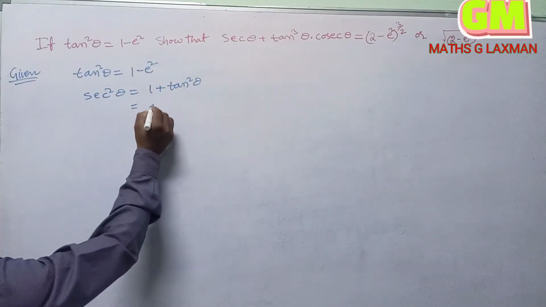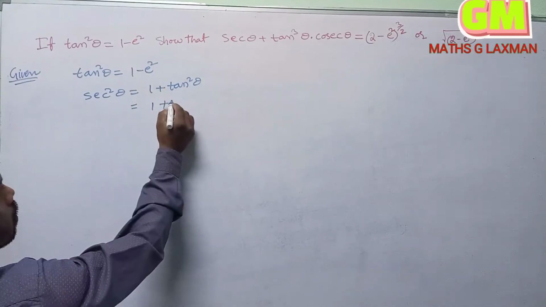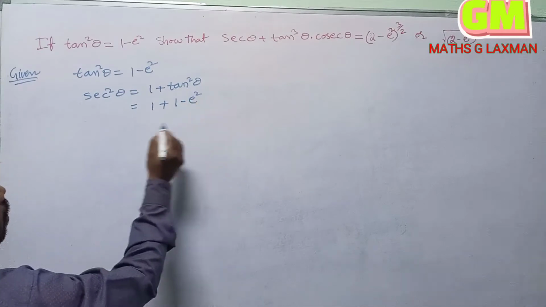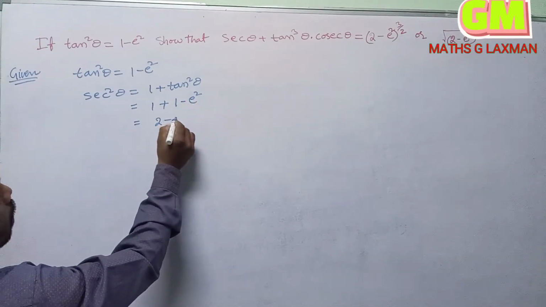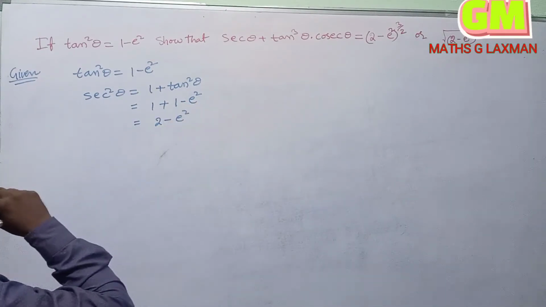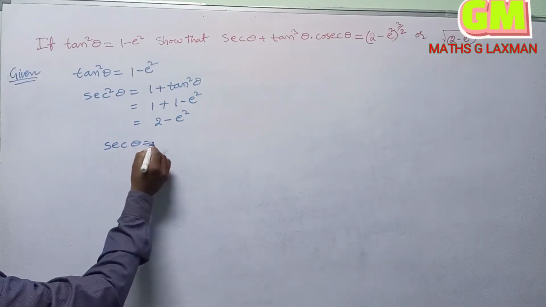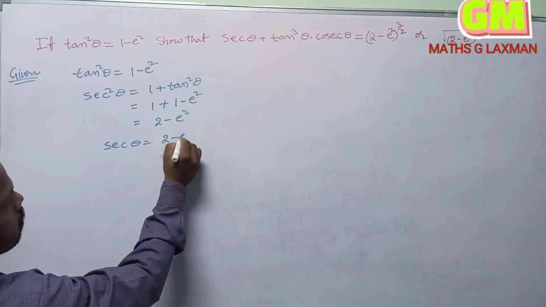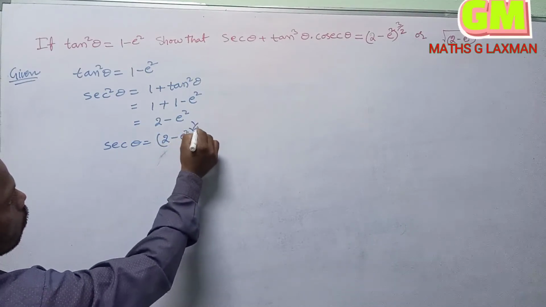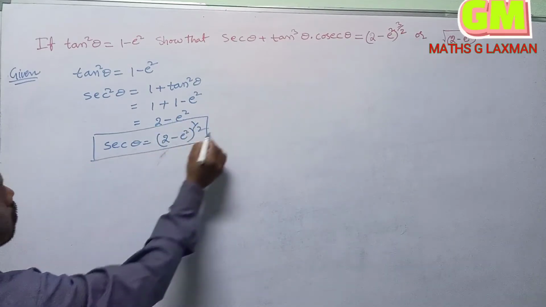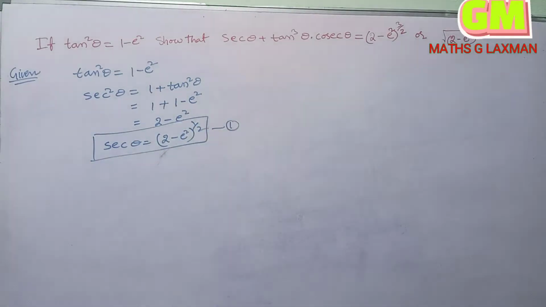So that is equal to 1 plus tan square theta is nothing but 1 minus e square. So that is equal to 2 minus e square. So then secant theta is equal to 2 minus e square whole to the power of 1 by 2. So let us take this as the first equation 1, secant theta.